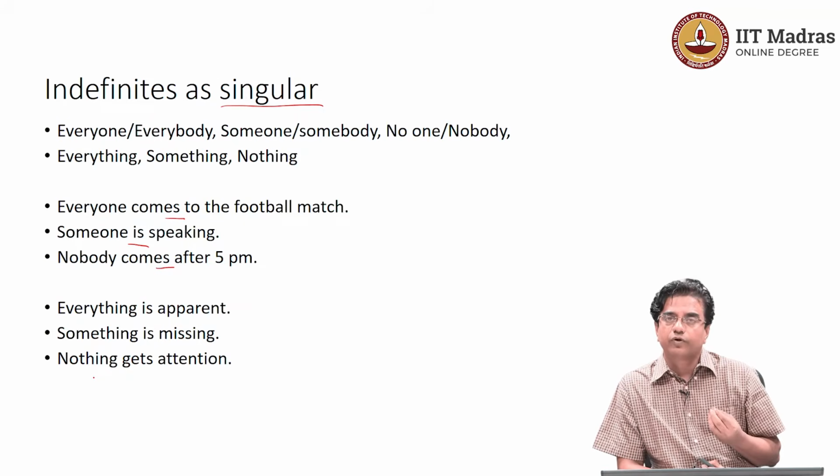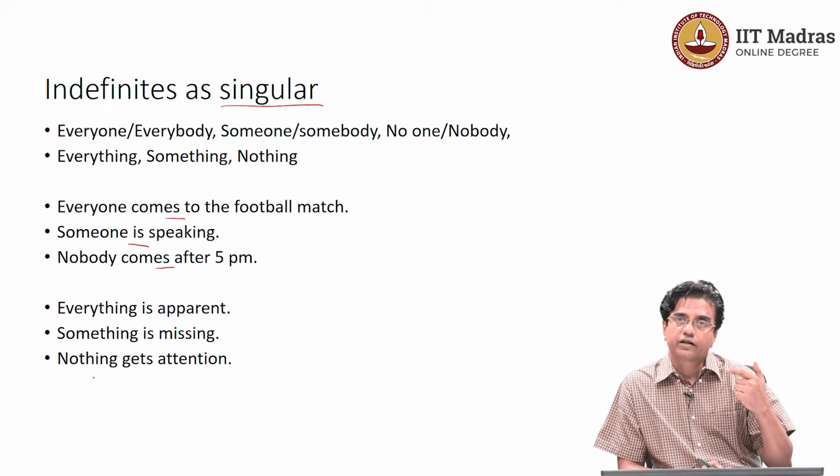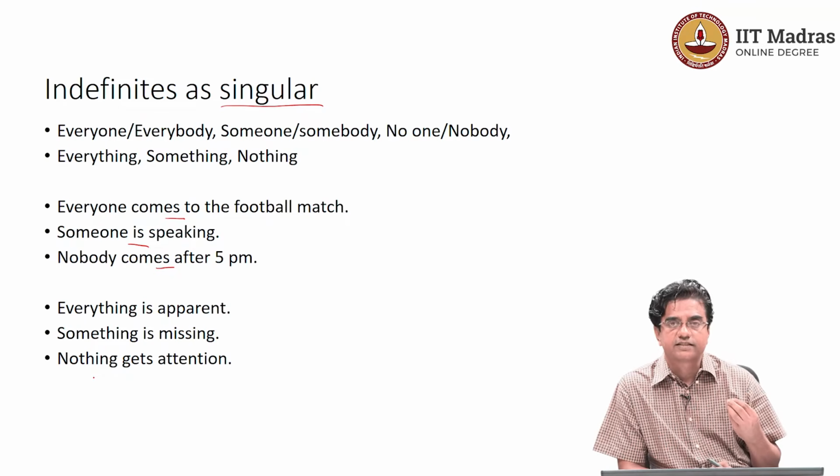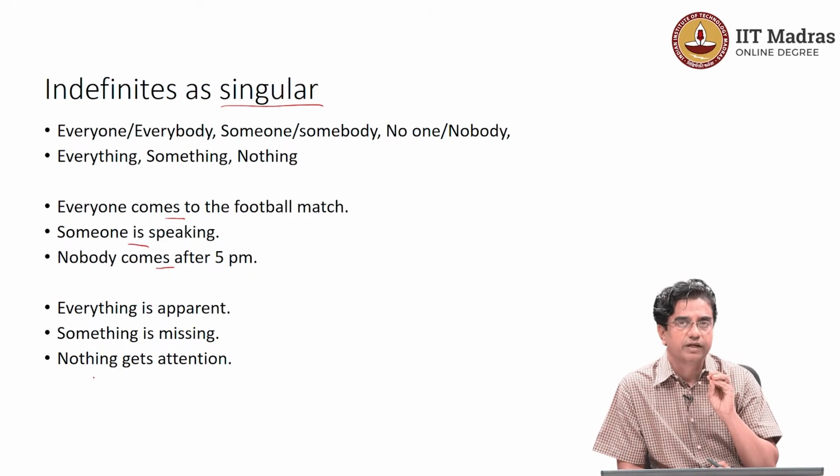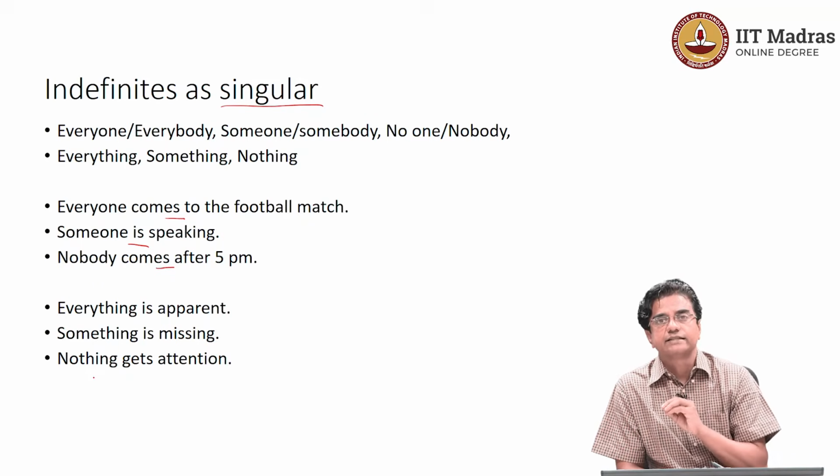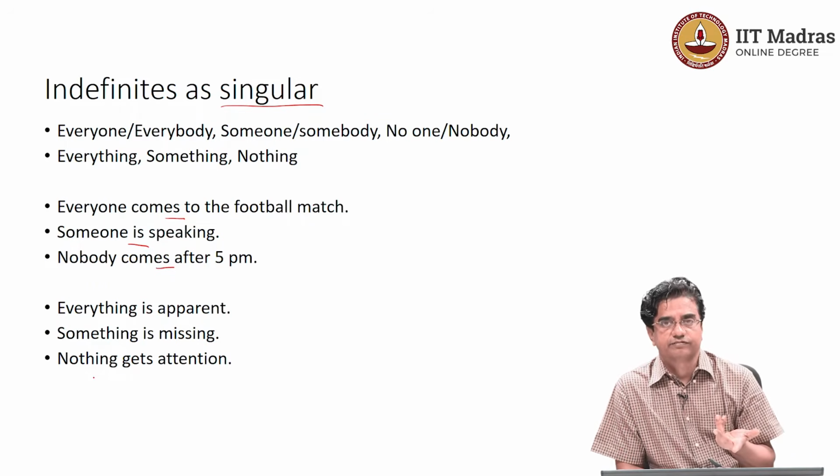So one more time, we need to clarify this conceptually for us, that everything is not a nominal that is referent to anything particular, hence we can take it as singular.